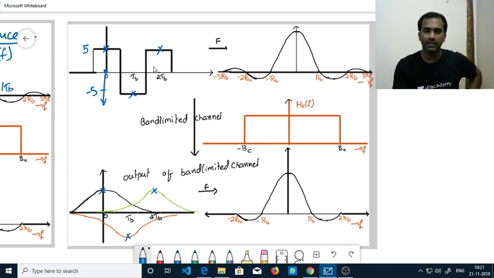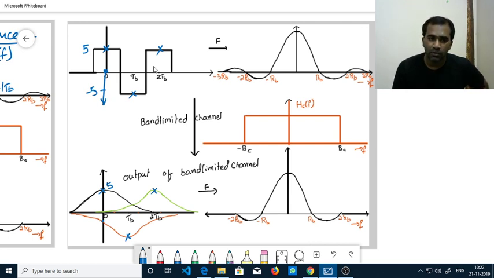And what is the problem with that? Let us see. This pulse is received like this, and we are supposed to receive this sample value. Let us assume this is 5 volts. But the second pulse is interfering with the first pulse.